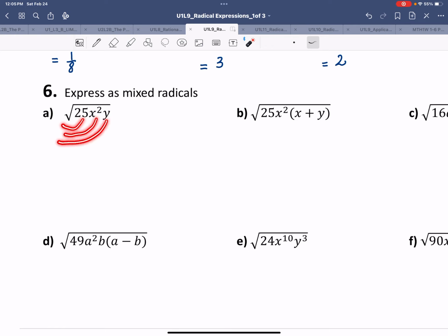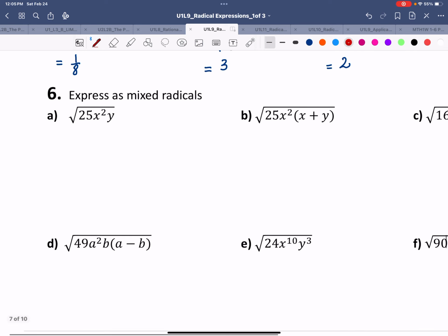from the radicand. So first we identify the index, which is 2. So what that means is that we can take out of the radical powers of 2. So we're going to try to write number 25 as an exponential with power of 2, so perfect power of 2.